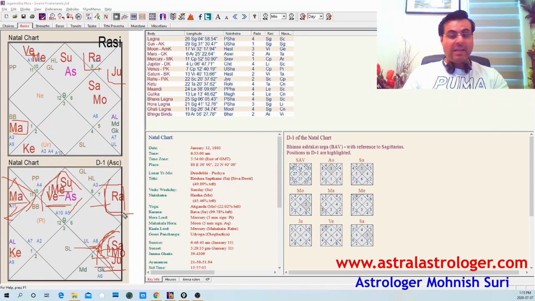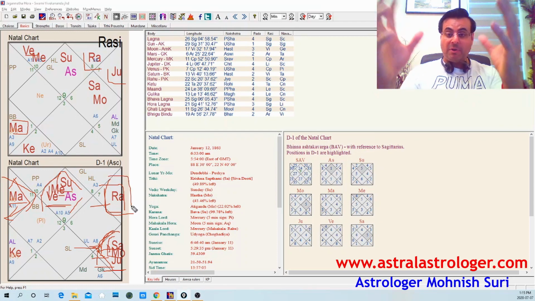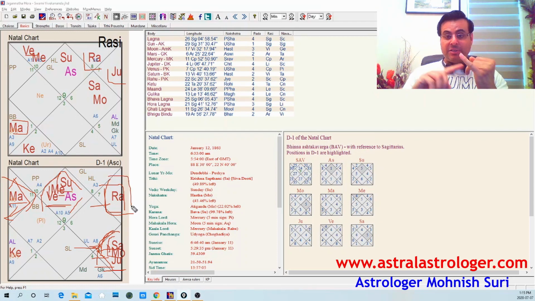And Rahu is helping do that because Rahu is the desire. He wanted to reach out to the people of the whole universe and expand the teachings of Vedanta, yoga, karma, spirituality, Hinduism to the entire world. And he did that. Read his biography and see his chart is absolutely the picture of what he did in his life.